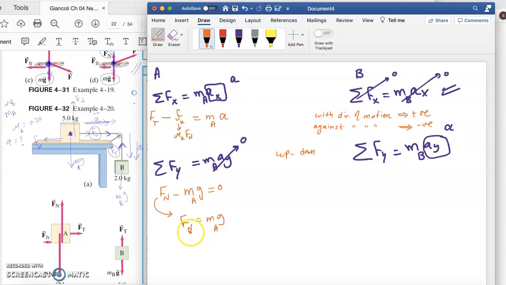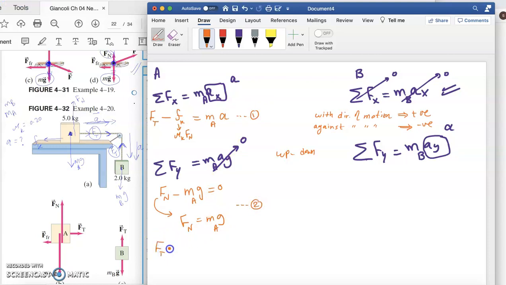Great. So if Fn is given, can we rewrite this equation? Yeah, we can. Just hold it. Let me write it down. This is equation 1. This is equation 2. Combine 1 and 2.